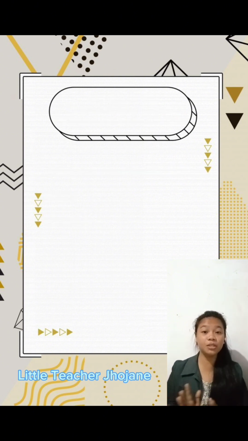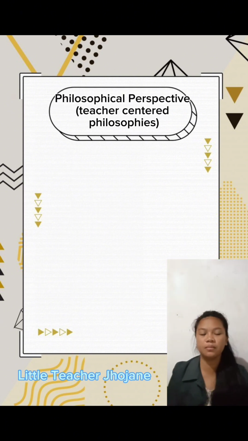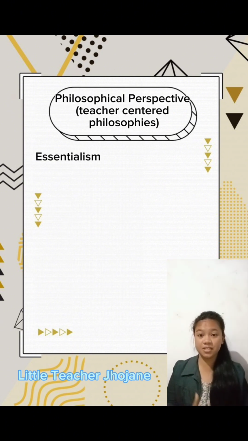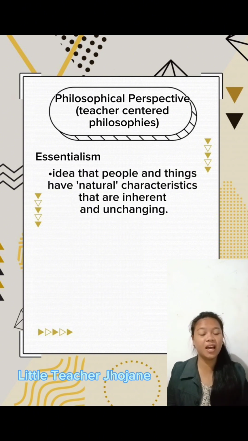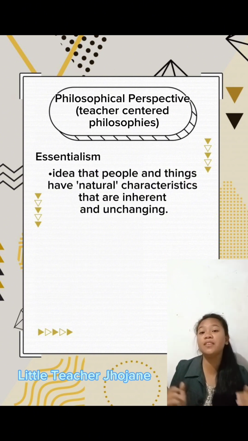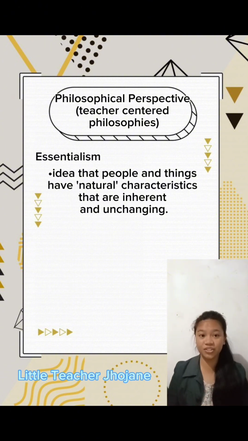First of the paradigm shift is the philosophical perspective, which is the teacher-centered philosophies. We have here essentialism. Essentialism was introduced by William Bagley. So before that, let us know what essentialism is. When we say essentialism, this is the idea that people and things have natural characteristics that are inherent and unchanging.